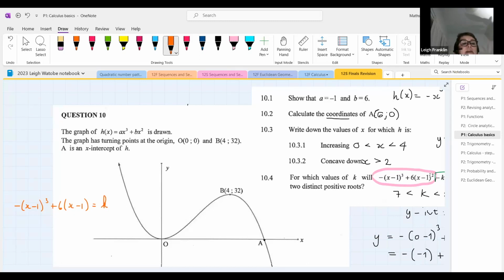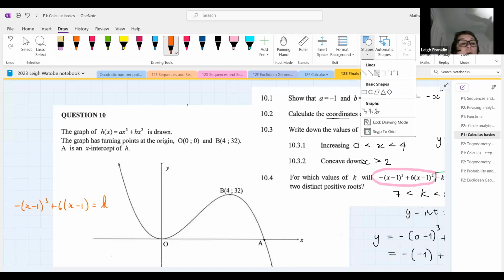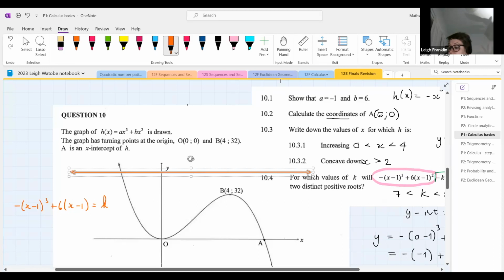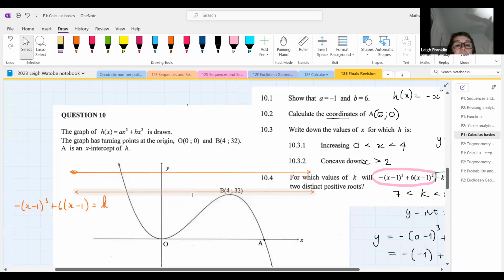Now, this is a simultaneous solution. Positive k represents a horizontal line. So I'm just going to draw a nice long horizontal line that we can move up or down.